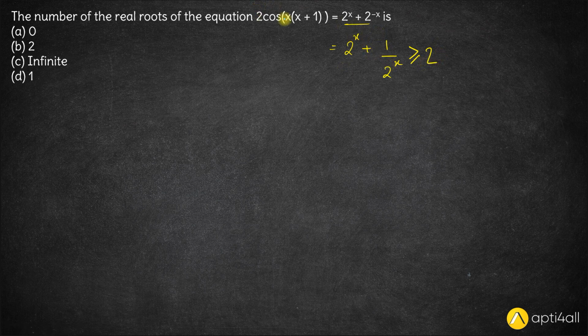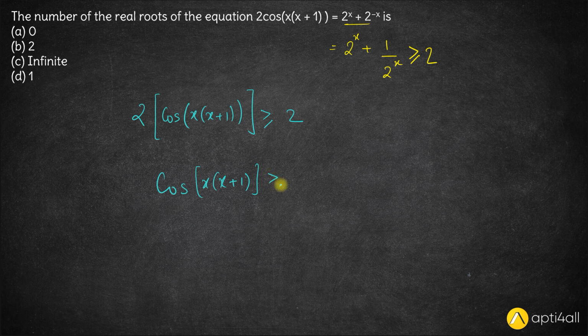And this is equal to 2 into cos of x into x plus 1. So 2 into cos of x into x plus 1 is greater than or equal to 2. That means cos of x into x plus 1 is greater than or equal to 2 by 2, that is 1.